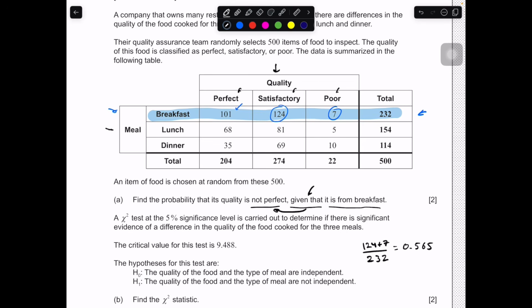Okay, so once again, given that it's from breakfast, given that we're dealing with these 232 items, out of these 232 items that we have before us, what is the probability that one of these was not perfect? And so we know 101 out of the 232 were perfect. And so the remainder right here were not perfect. Good question.